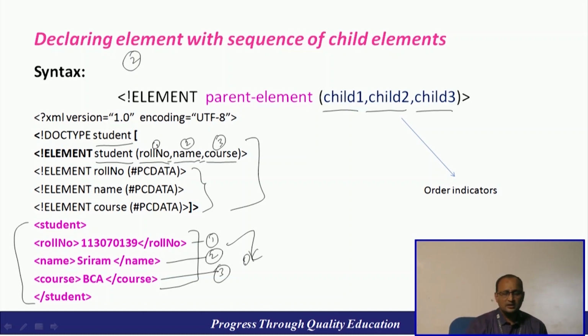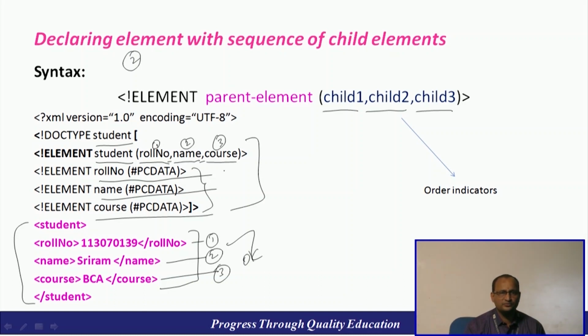But while writing the DTD, you can write the roll number definition first, then you may write the course definition second, then the name definition third. The definition may be written anywhere in the document type definition, but it should be written.